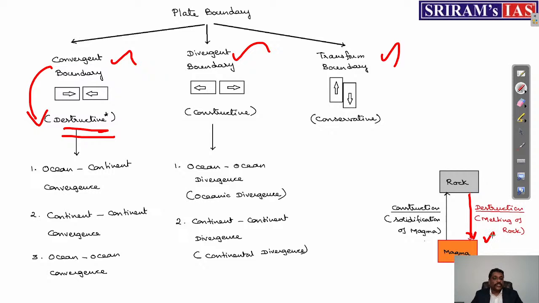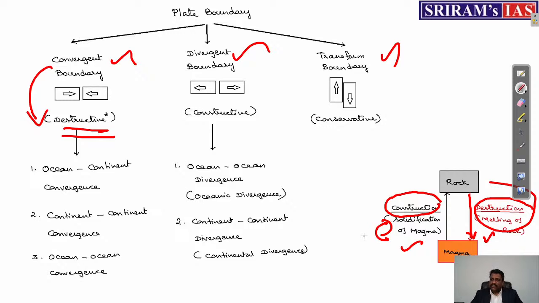We call that destruction. So whichever boundary where the rocks are becoming magma, getting destructed, you call a destructive boundary. If rock becoming magma is called destruction, then what do I mean by construction? Magma becoming rock, I call construction.